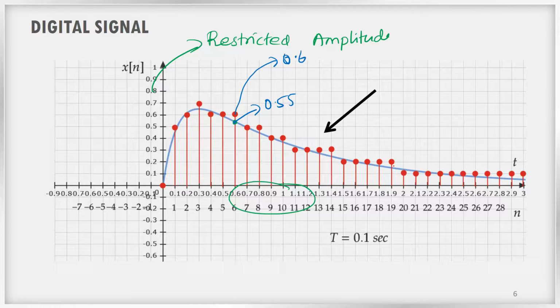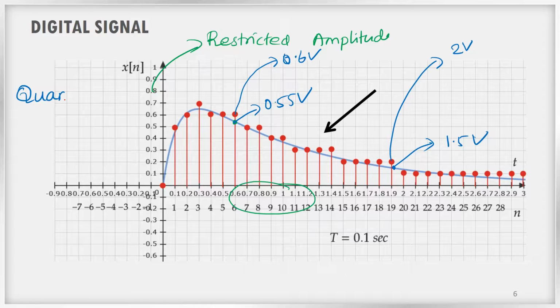If you look at this point, actually it is 1.5 volt. But unfortunately we cannot allow that because we have restricted it. So we will consider it as just 2 volt. And this kind of restriction in the y-axis, in the amplitude axis, is technically known as quantization.